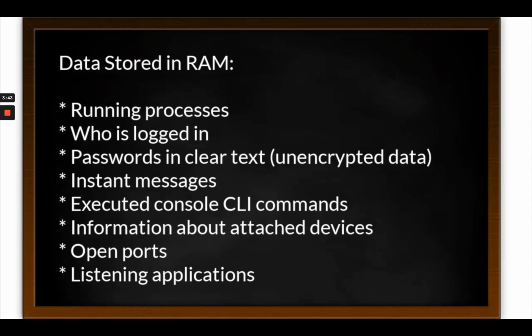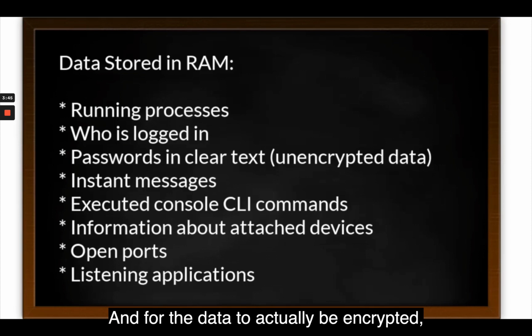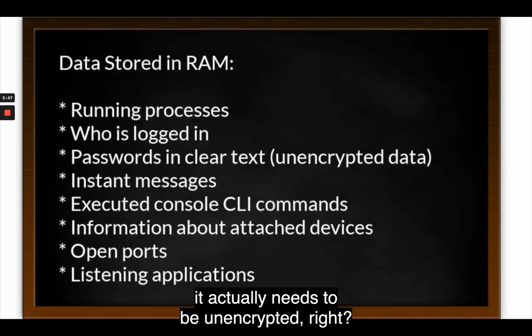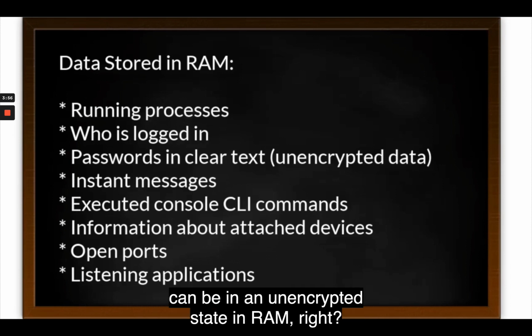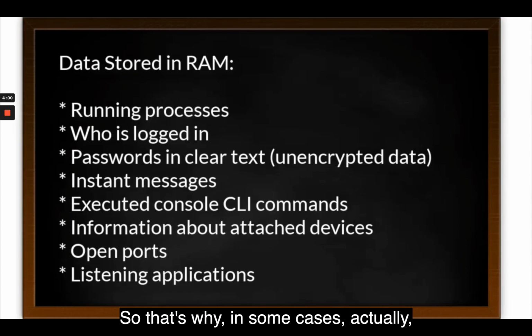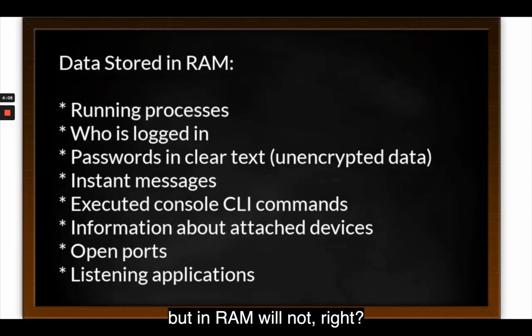And for the data to be used, it needs to be unencrypted. So whenever you use it, this means that in some cases, things like even passwords can be in an unencrypted state in RAM, right? That's why, in some cases, you can obtain information that in other ways would be encrypted, but in RAM will not be.